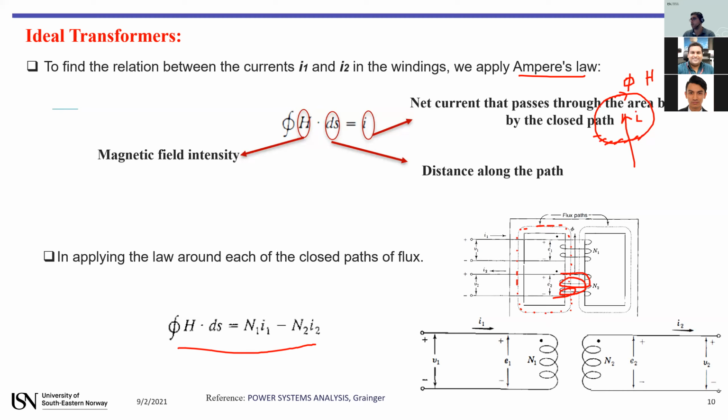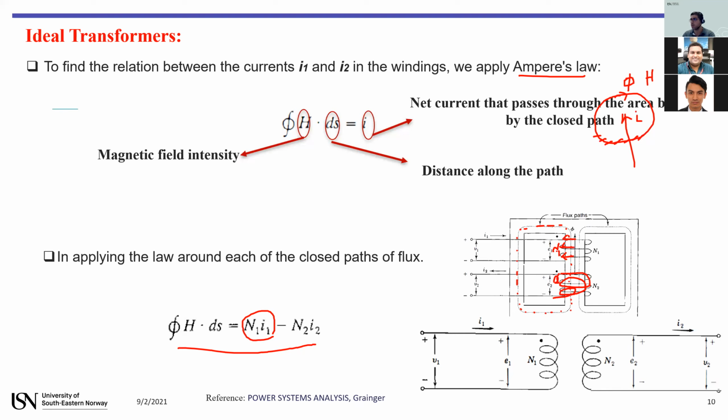Suppose that since we have N2 turns, and here we have N1 turns, we can write this expression, N1 times I1. It's the whole current that encircles the path. Suppose that here is I, again I, again I.